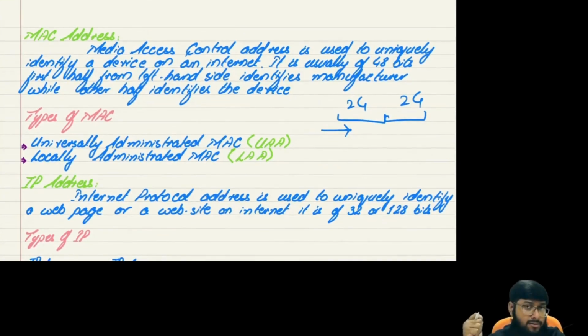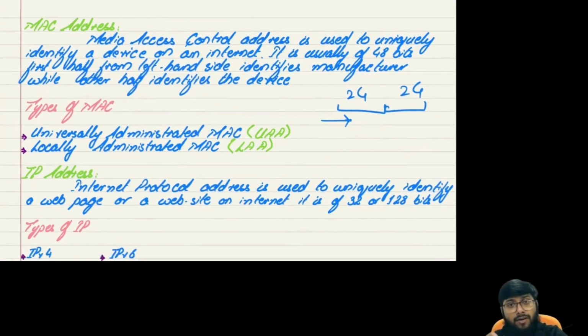Now when it comes to the types of MAC, we have two different types: a locally administered MAC and a universally administered MAC. Locally administered MAC means that the device will work within a particular domain only. We cannot run that device outside that domain.